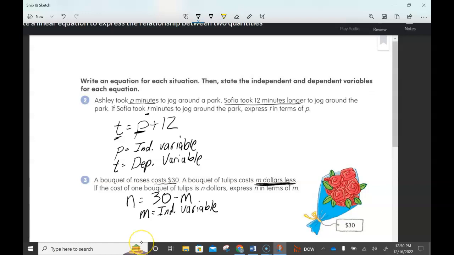It's not like we plug in the number for n first, then figure out m. So n is dependent. The answer I get for n is dependent upon what m is. So n equals the dependent variable.